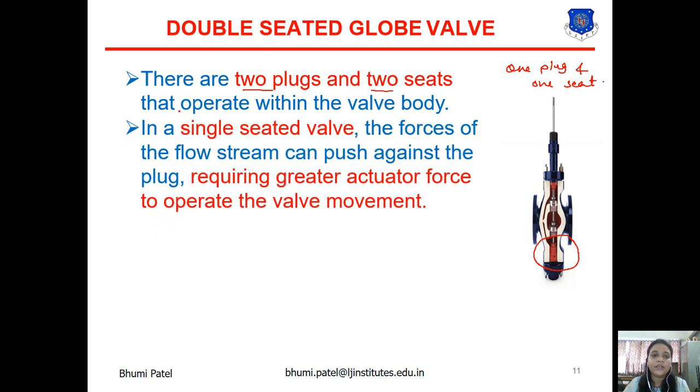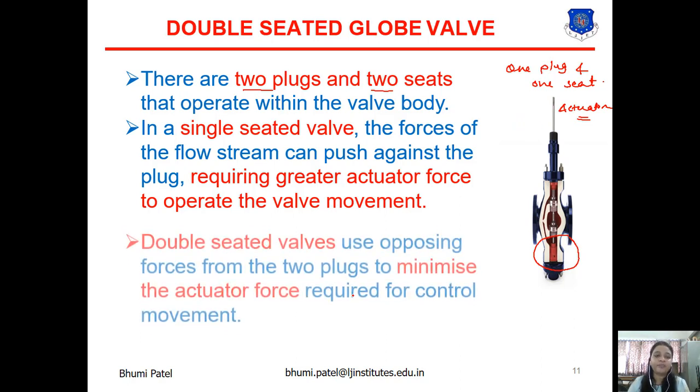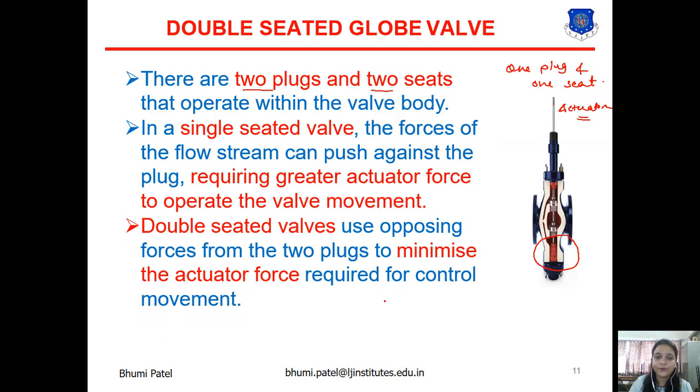Now in a single seated valve, the forces of the flowing fluid can push against the plug, requiring greater actuator force to operate the valve movement. Whenever the actuator moves downward or upward, we require greater actuator force to move the plug. In the double seated valve, the opposing forces from the two plugs minimize the actuator force required for the control movement.